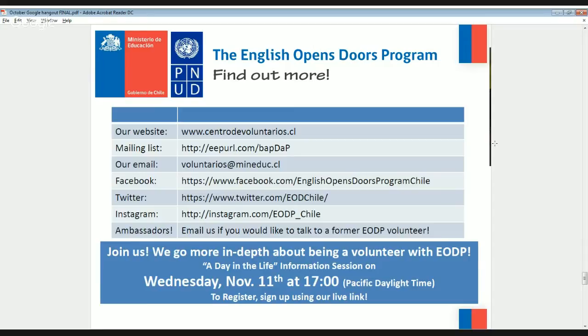What candidates tell us many times is, what you're telling me sounds great, it sounds like something I would want to be a part of, but you also work for the English Open Doors program. Is there someone I can talk to who's also a former volunteer who isn't currently working for the program? That's why we created the Ambassador Initiative, so that you would have that outlet and someone else to ask questions, to hear from a different perspective and a different experience.